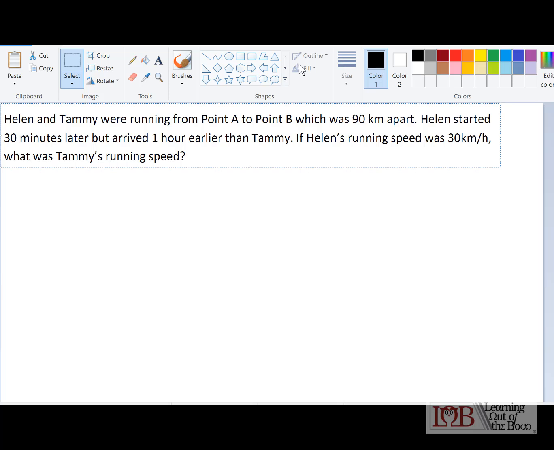Alright, Helen and Tammy were running from point A to point B, which was 90 km apart. So Helen started 30 minutes later but arrived 1 hour earlier than Tammy.